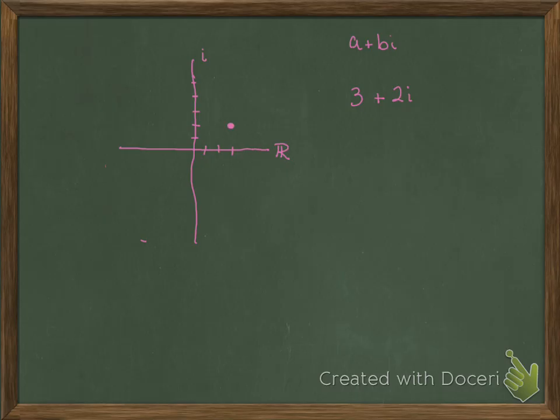Start at the origin, go right 3, and then go up 2 because our 2 is positive. Okay, so another example. We'll do one in, say, every quadrant here.